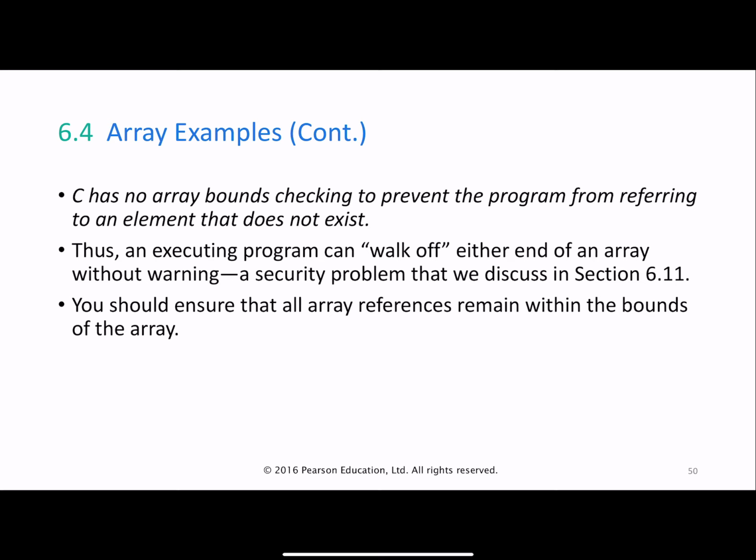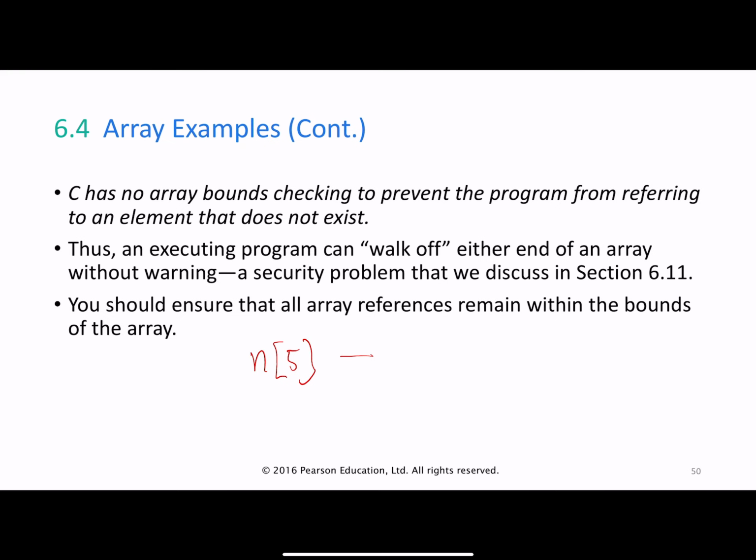One thing that you have to remember is that your C compiler does not know if you're trying to access an element of an array that does not exist. For example, if the array n that you have created is of size 5, it means you can go from n[0] to n[4].